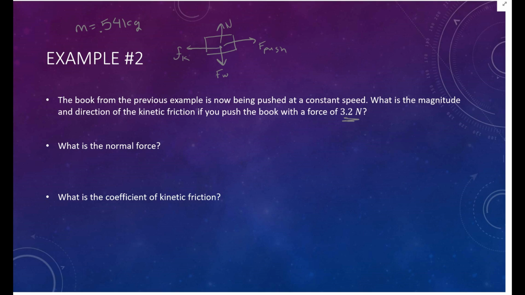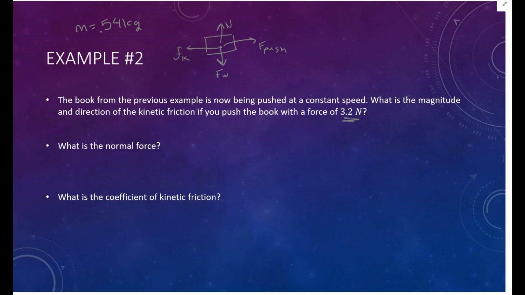It's smaller. All right? So once you get your object moving, it takes a lot less force to keep it moving than to get it started. Okay, so we are going to see that the coefficient of kinetic friction is going to be smaller than the coefficient of static friction was. And that's generally true in most cases. That does have to do with the inertia of an object: an object's tendency to stay at rest, an object's tendency to stay in motion.